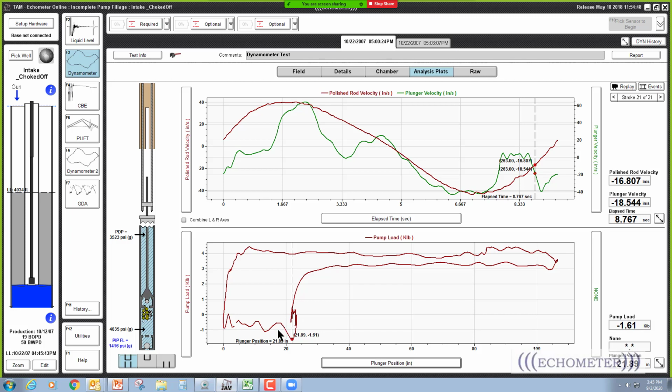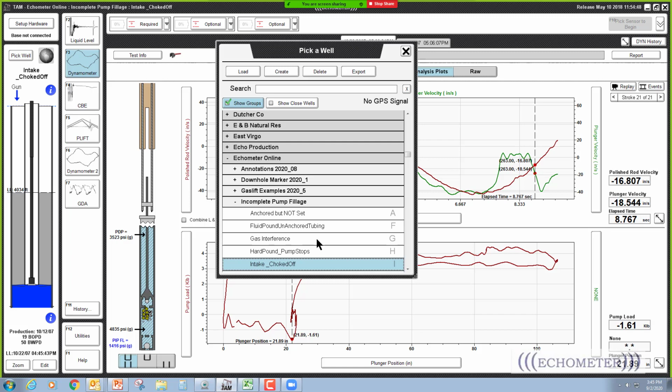And so that mechanism of opening the trailing valve is different when the intake is blocked than when you have a well pumped off, and you almost always see this negative load, this pound, when the intake is blocked. Okay, that's probably too much.